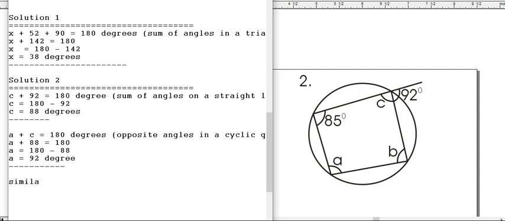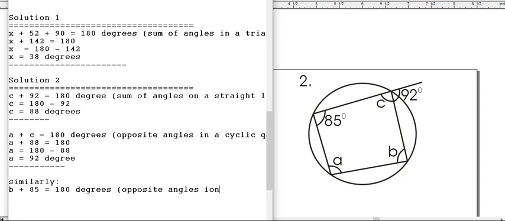So now remaining is our B. Similarly, B plus 85 is equal to 180 degrees. The reason is the same as the one above.